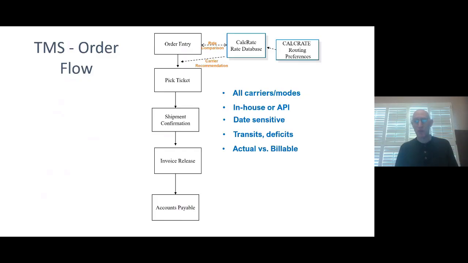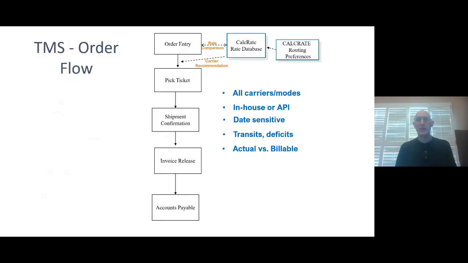In addition to the actual rates, the tool can also store rules, so that if you are adding freight as a separate line item, you can determine what that freight add-on to your actual cost might be, or your freight reduction to the actual cost. So that's all stored in the database.